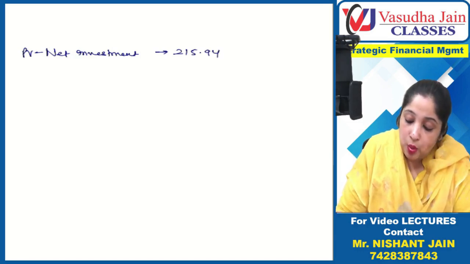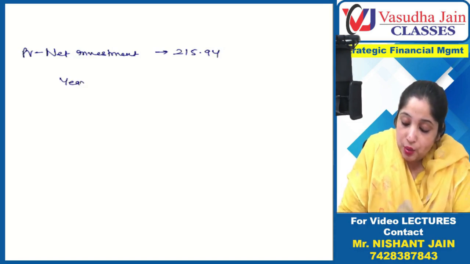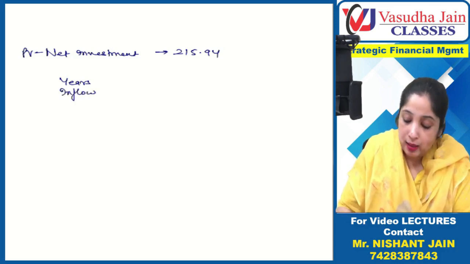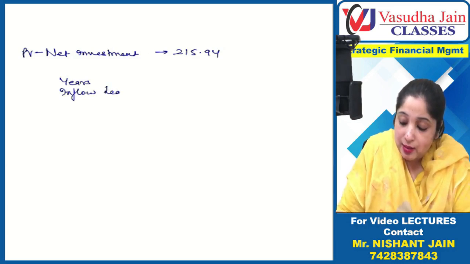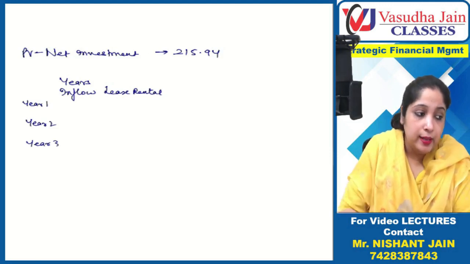Now, you want to give this machine on lease. The fair finance company wants to give this machine on lease for 3 years. So for 3 years, the inflows will come for the leasing company in the form of lease rentals, for year 1, year 2 and year 3.